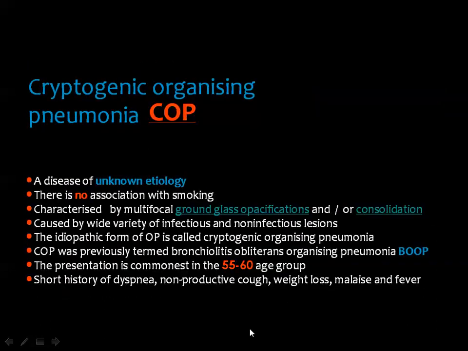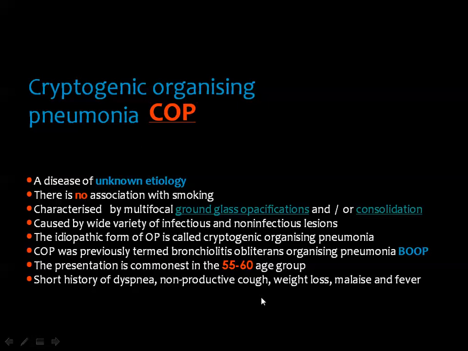Then we go to one of the types of pneumonia, which is known as organizing pneumonia and/or cryptogenic organizing pneumonia. This is a disease of unknown etiology and is not associated with smoking. The presentation of the disease is usually between the age of 55 and 60 years.